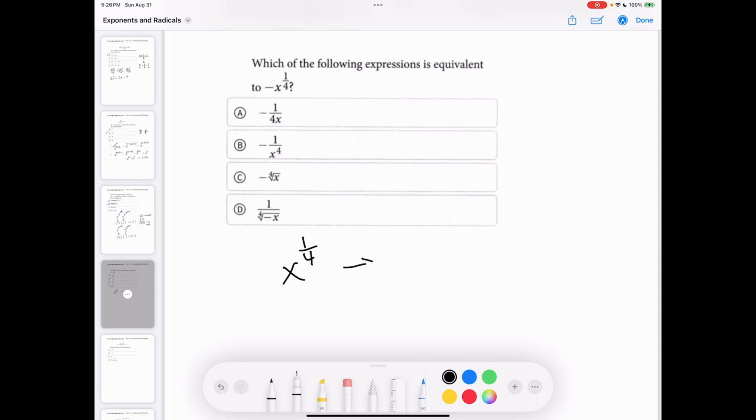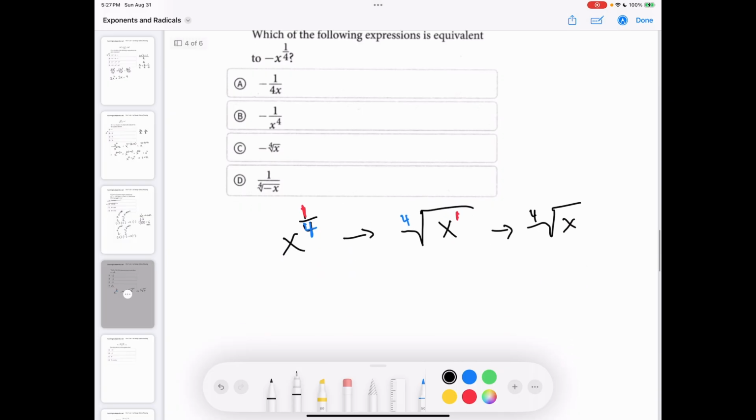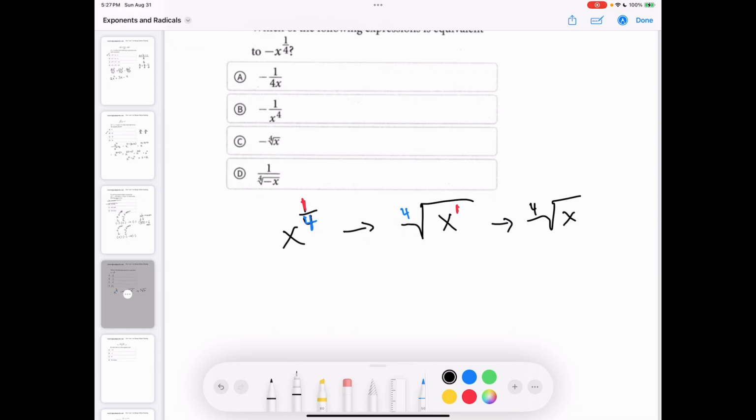You write the base, the numerator is the exponent of that base, so you have x to the first power, and then the denominator is going to be the nth root. So x to the 1/4 is just the 4th root of x, and I don't need the 1 because it was pretty obvious. So x to the 1/4 is equal to this guy right here, okay?